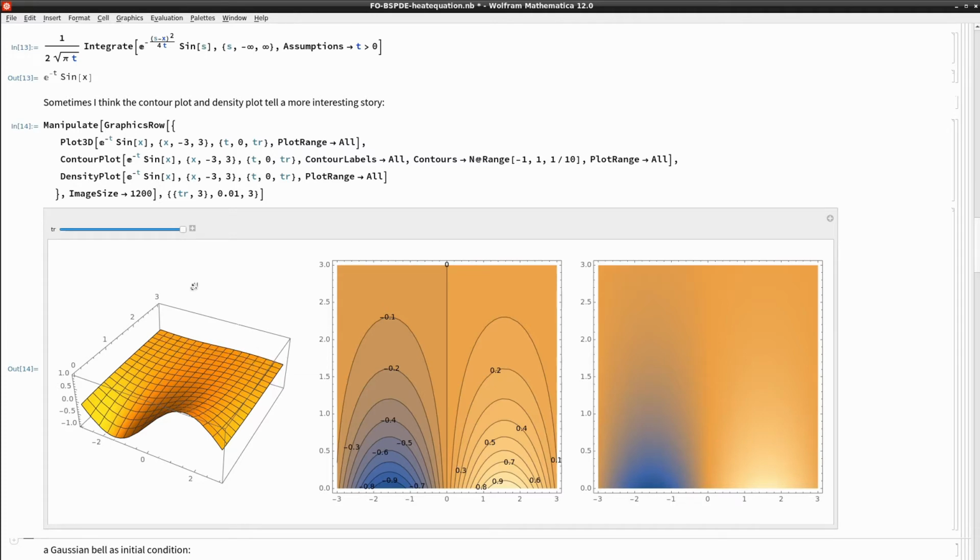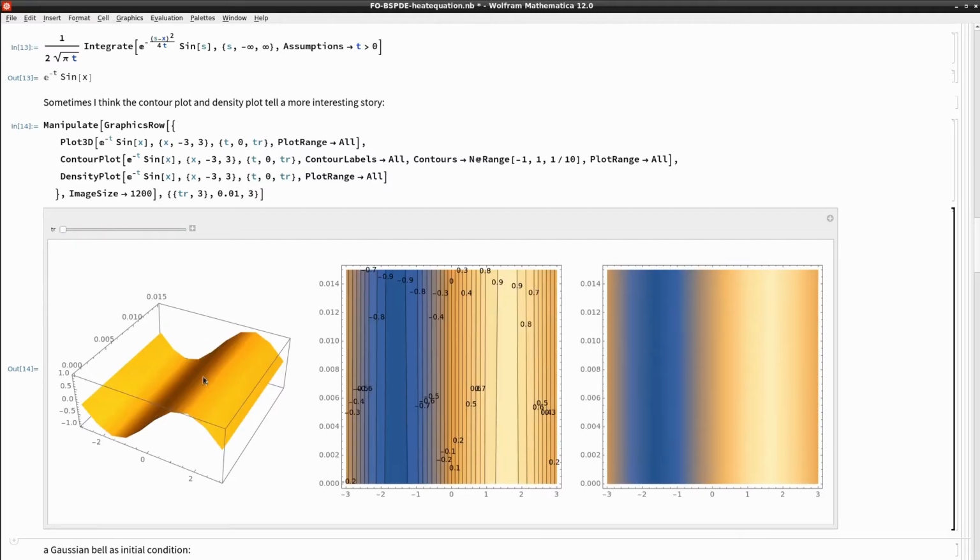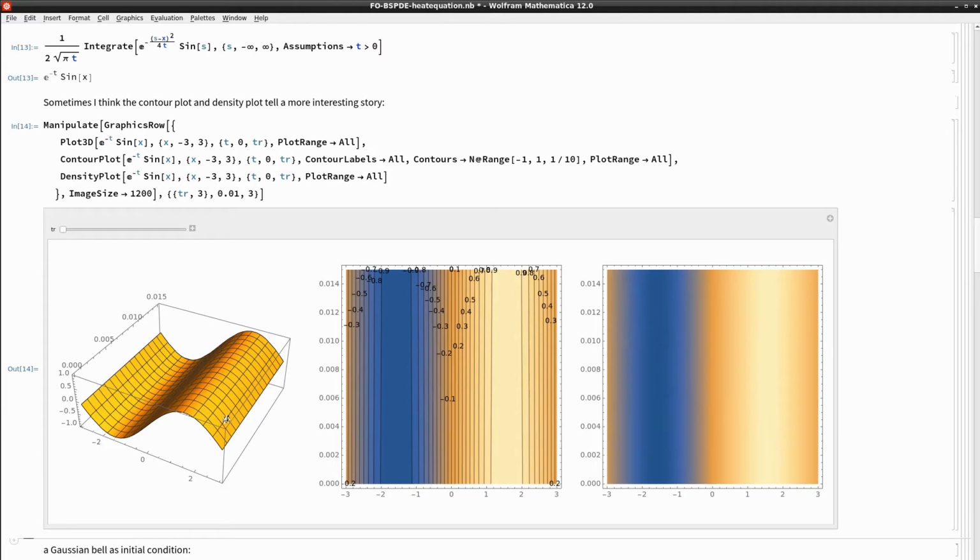And again, let's look at the plot at a time point very close to the initial. So you see, when I set tr to a low number, there wasn't much chance for a decay to happen. So we see a valley here and a mountain ridge here, and that is reflected in the contour plot.